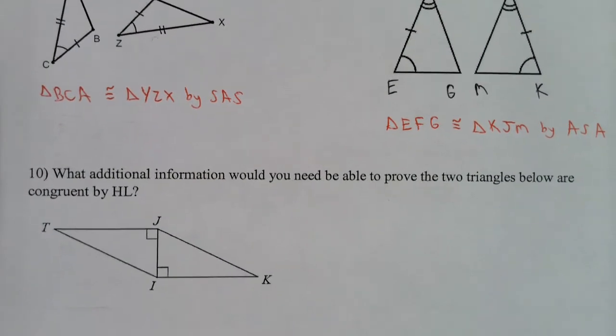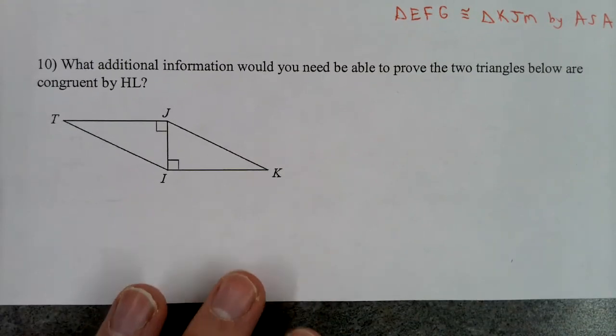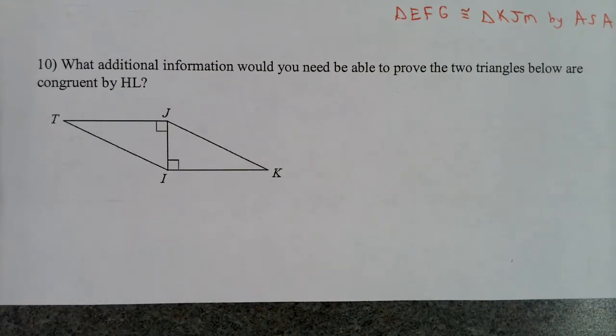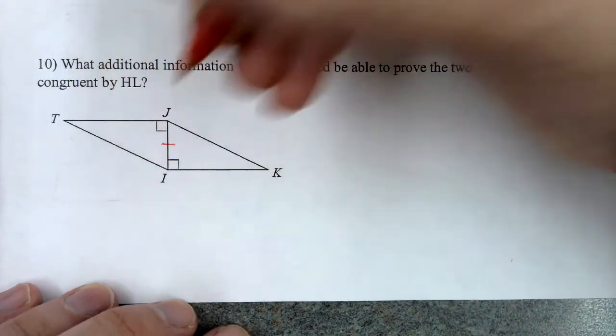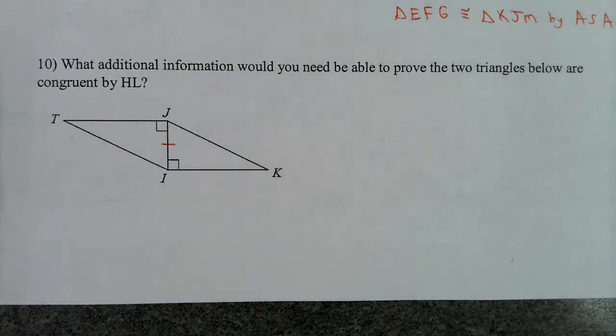Number 10, what additional information would you need to be able to prove the 2 triangles below are congruent by HL? You already know that JI is congruent to itself, so you do not need to be told that. Do not say that you need JI to be congruent to JI.